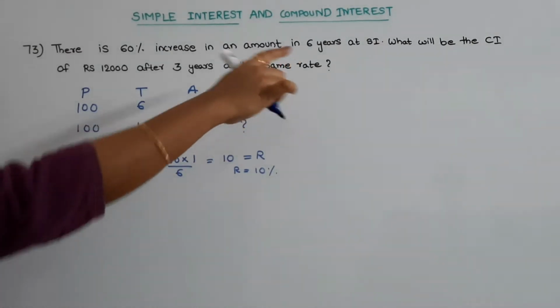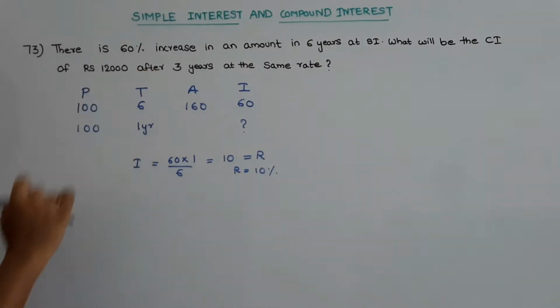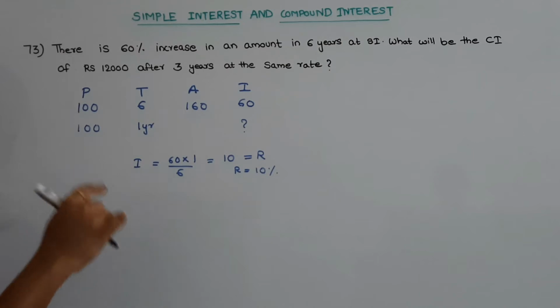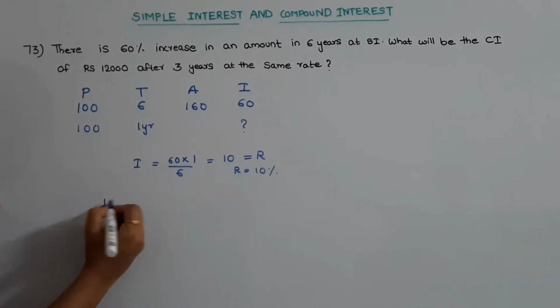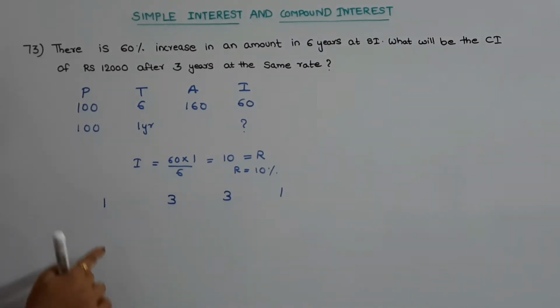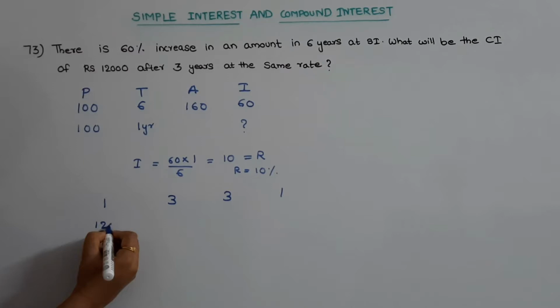Now, let us find out the compound interest by using this rate, this principal and this time period. When the time period is 3 years, according to Pascal's triangle method, we need to write 1, 3, 3, 1. So, what is the principal? Principal is 12,000. That you write below this one.